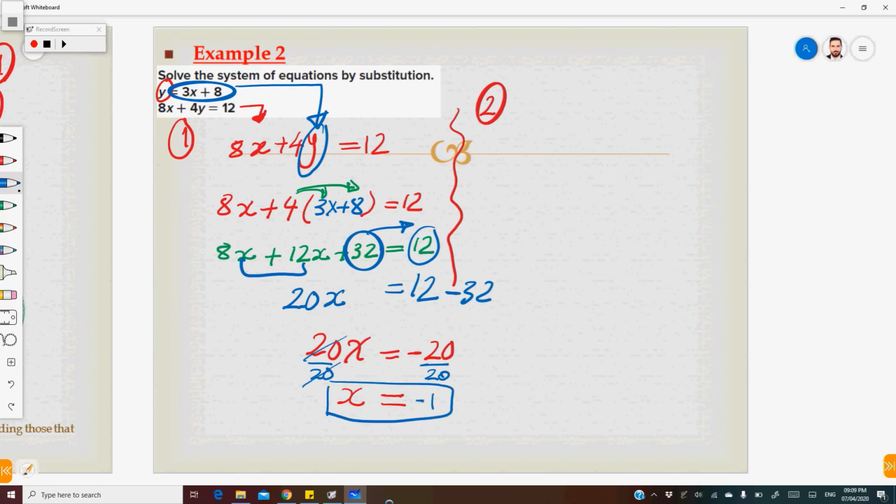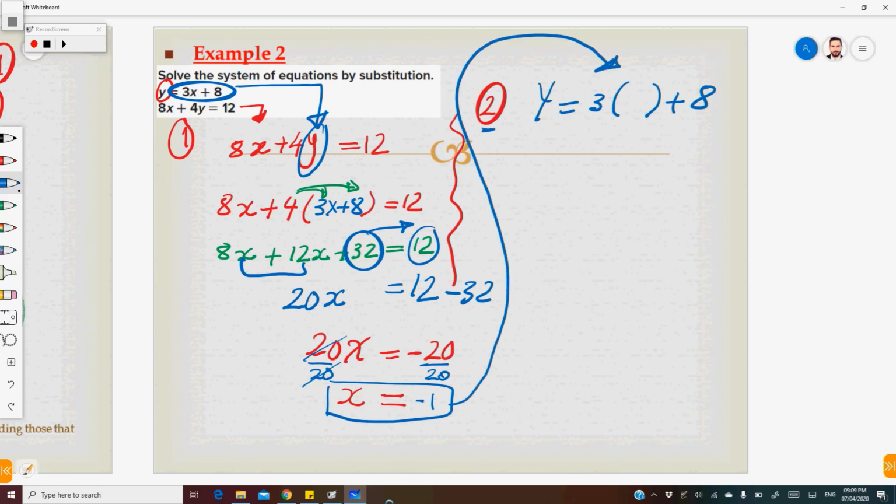Correct. Once you get x is equal to -1, do you still remember step number 2? Step number 2 is to write y equal what? And you will replace x with -1 here, which is you will write y equal 3, you will replace x with -1, then you will do multiplications.